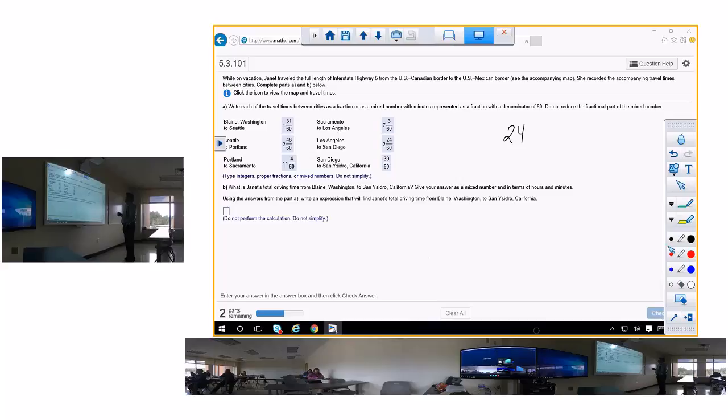Somebody check that out for me. 110 plus 139 is 149. Add all those numerators up and see if you get 149 over 60. Somebody check me. Are these hours or miles?